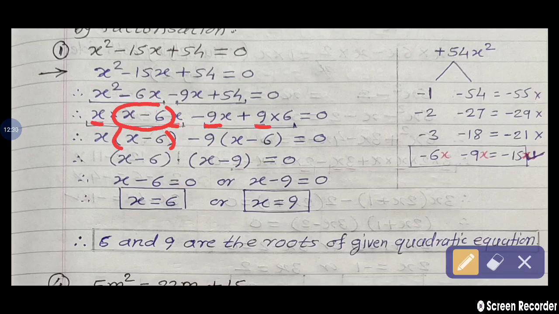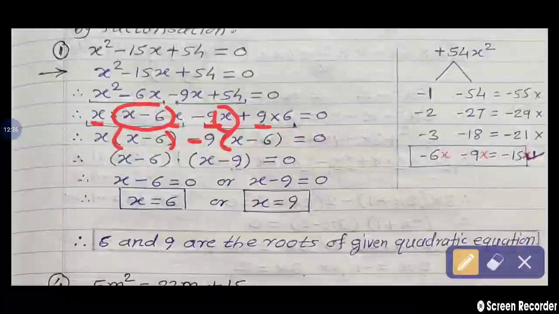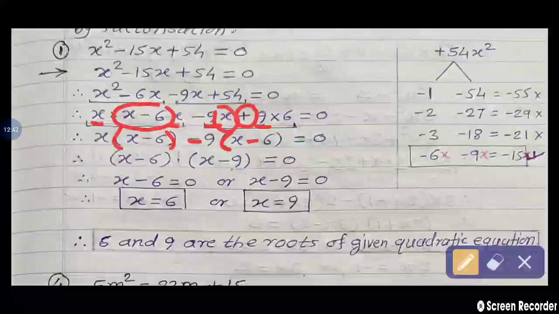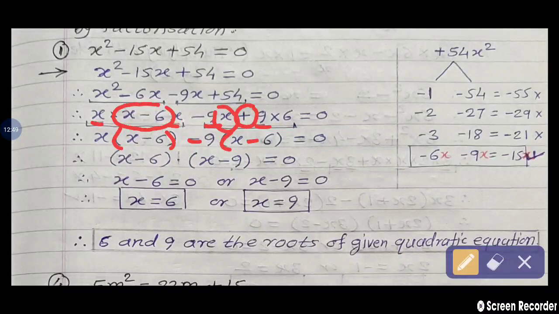So minus 9 is common. What is remaining in the bracket? So here x remains. Then the minus sign is also taken common. So the plus sign changes to minus, because we take the minus sign common before the bracket, outside the bracket. And that's why the plus sign changes to minus, and this 6 remains here.